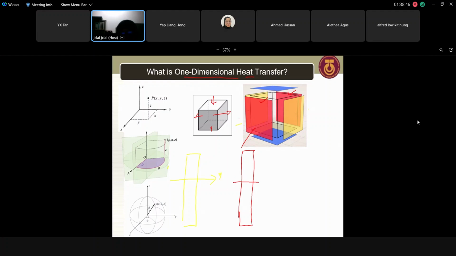If we refer to this coordinate system, this is the x direction. So we assume heat only moves from left to right, from point number 1 to point number 2, straight. But in the actual situation, it is not that way. It moves in all directions.